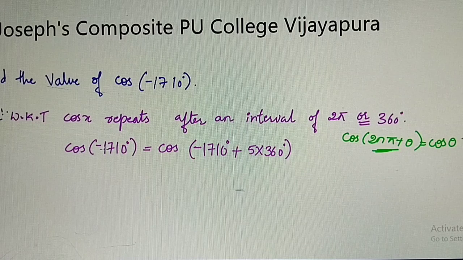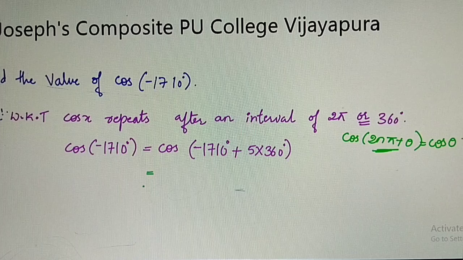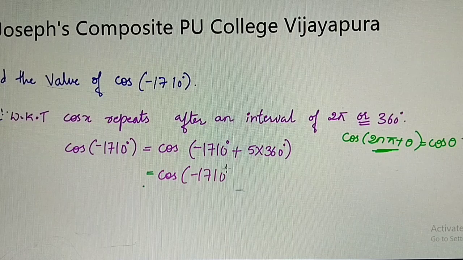So cos of minus 1710 can be written as cos of minus 1710 plus 5 into 360. So 5 into 360 is 1800. Cos of minus 1710 plus 1800 degree.